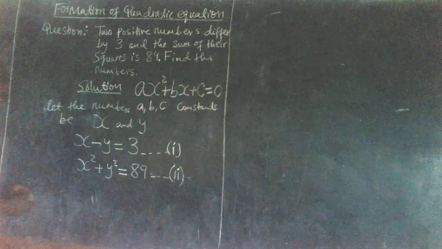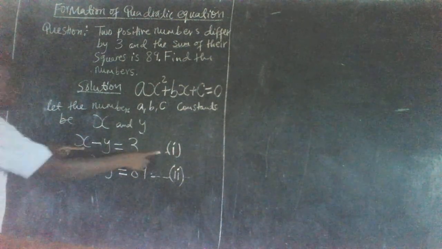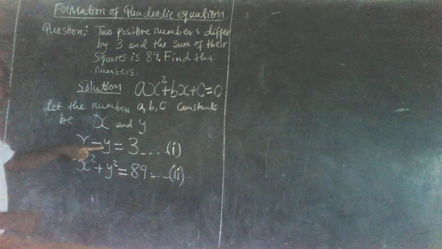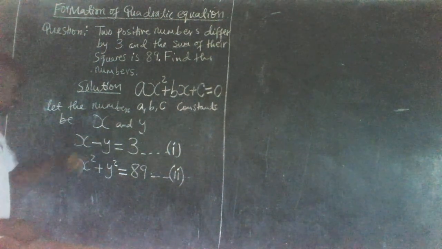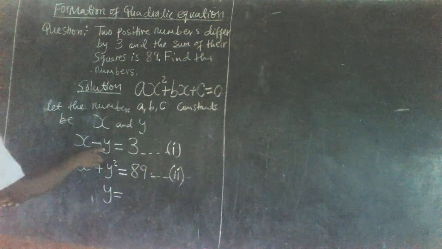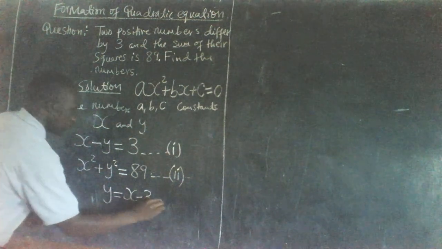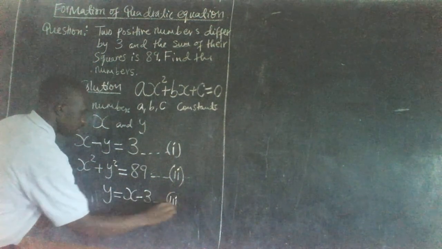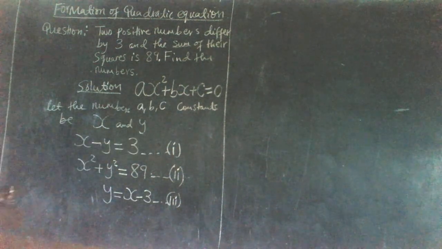So we have formed two equations. From equation 1, we can make y the subject of the formula. So y will be equal to x minus 3. We call this the third equation.